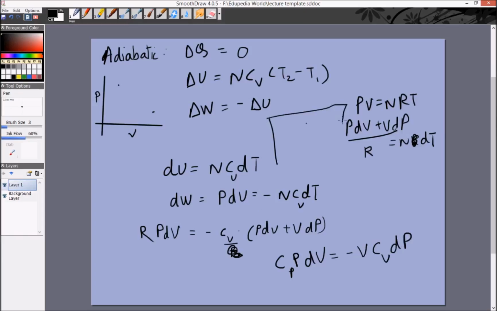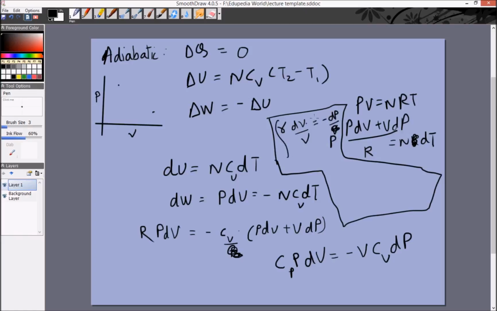I apologize for the weird way I'm using my space. So that gives me Cp by Cv is gamma, so that gives me gamma dV by V is equal to minus dP by P, right? You can integrate both sides and you get minus ln(P2 by P1) is equal to gamma ln(V2 by V1), or you can write this as ln(P1 by P2), and you can remove the minus sign, and this becomes this to the power gamma.